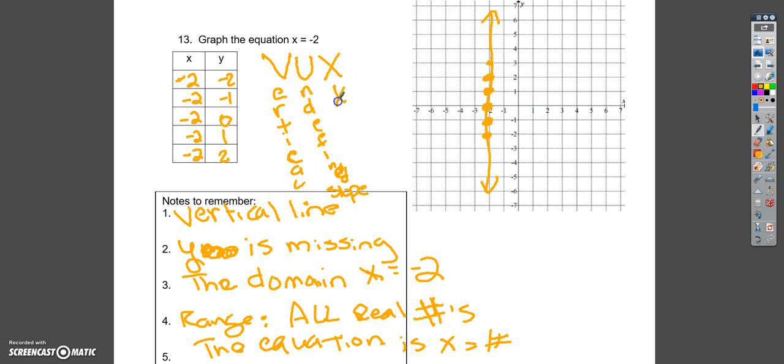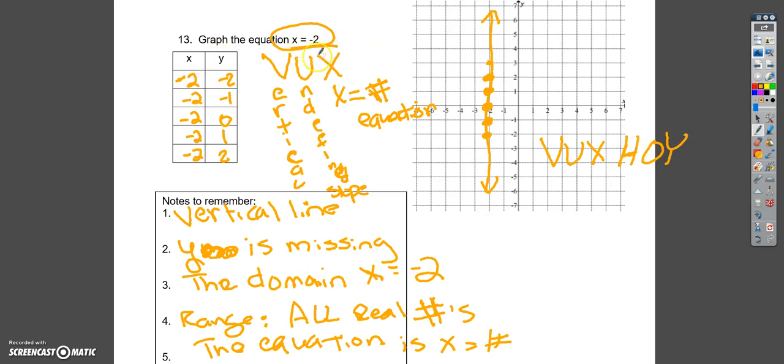And X is an x equals a number equation. So when you come to an equation that loses a variable, it doesn't have an x or it doesn't have a y, you need to keep in mind VUX HOY.